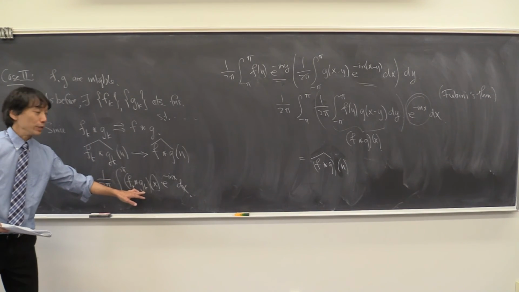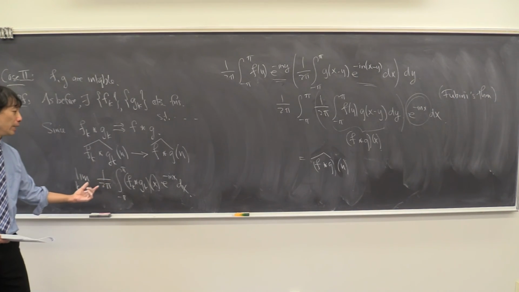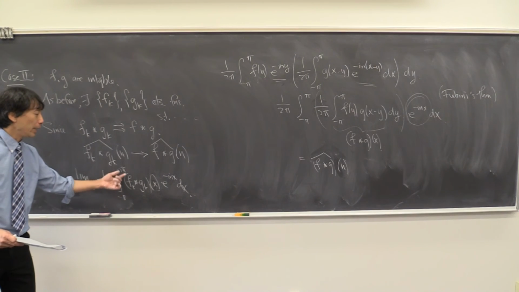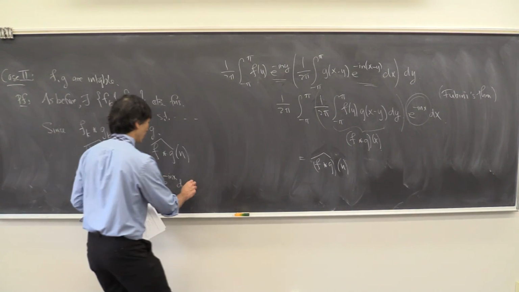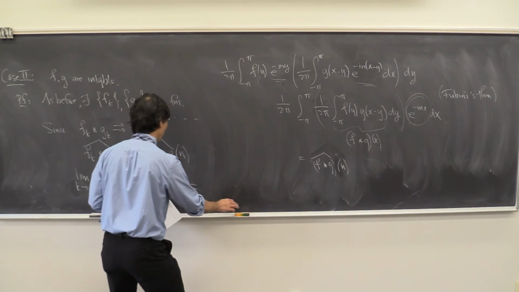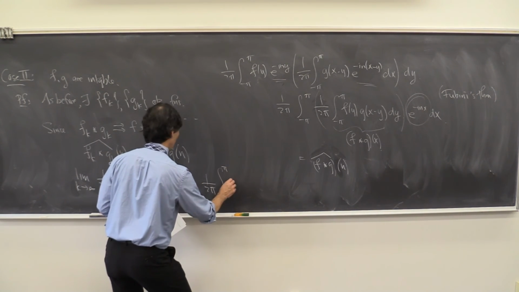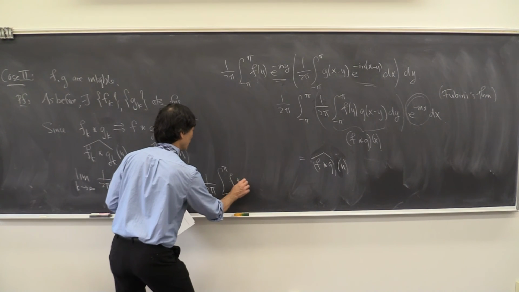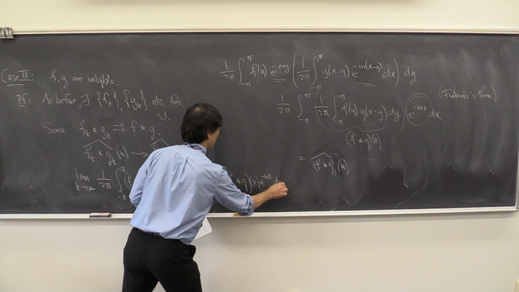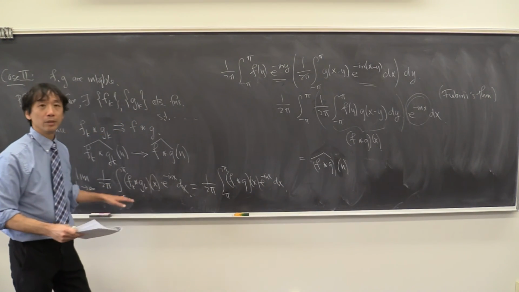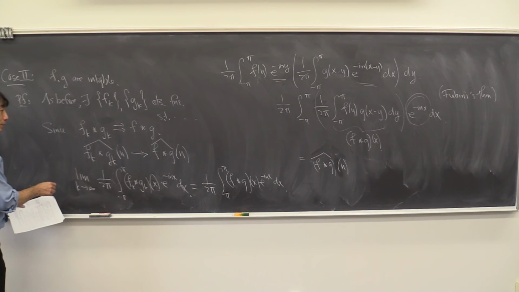Because of the uniform convergence, you can change the order of integration and limit. You can slide the limit in, and you just get the Fourier coefficient of the limit, which is this.